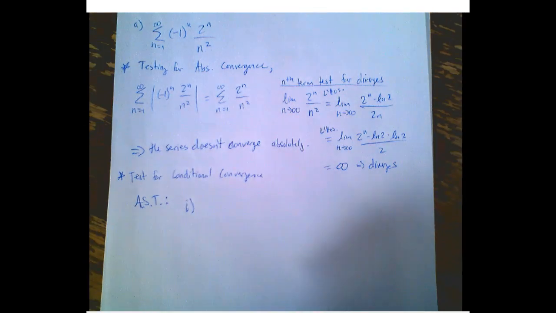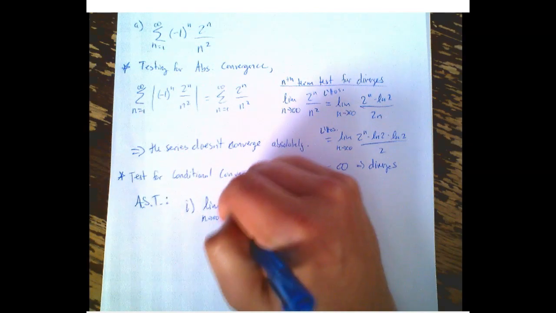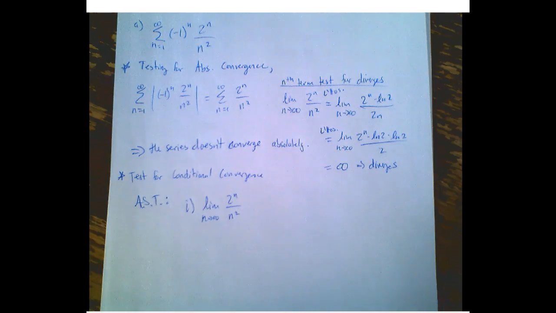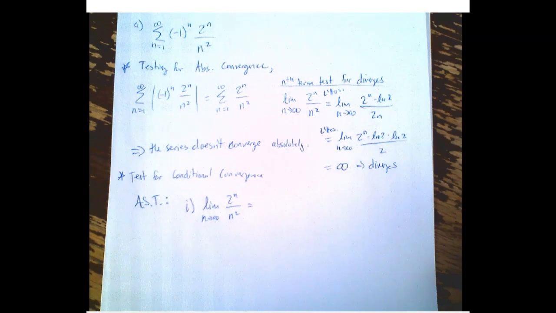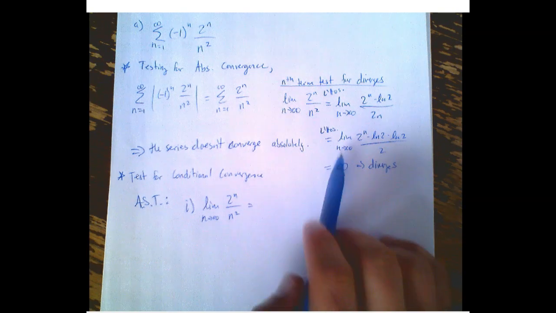We need to check our first condition, that this limit of 2 to the n over n squared goes to 0. We just saw from the previous limit that this is infinite.